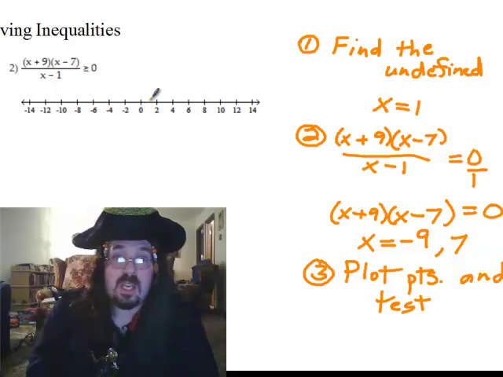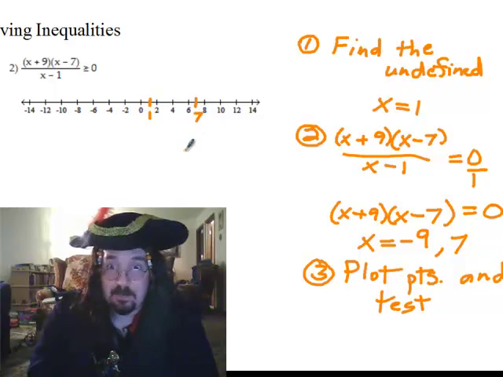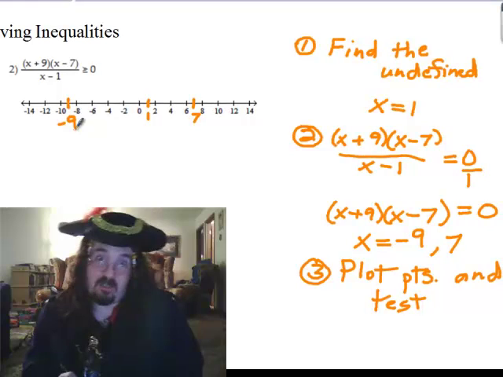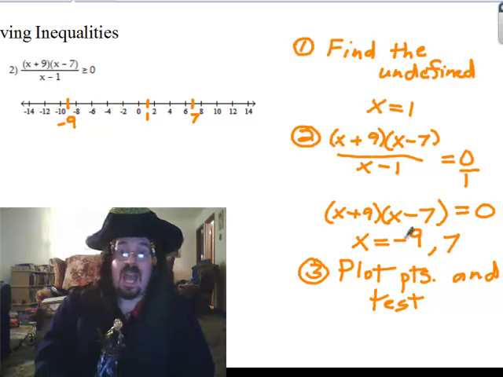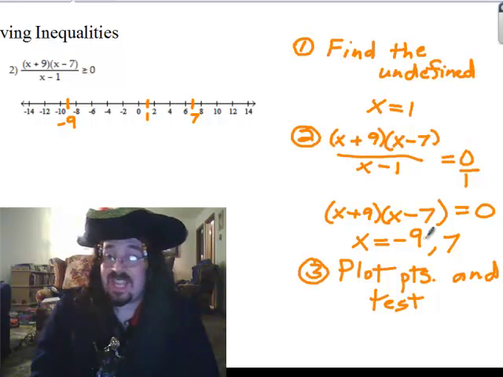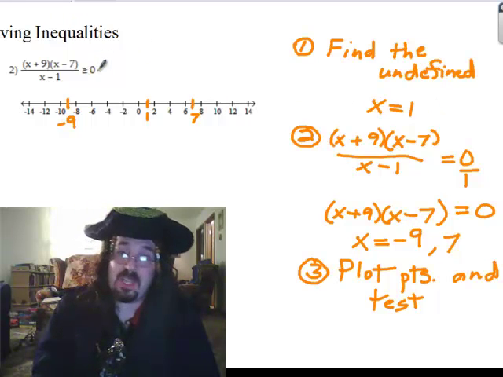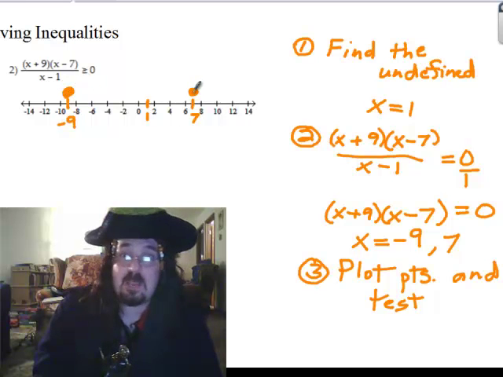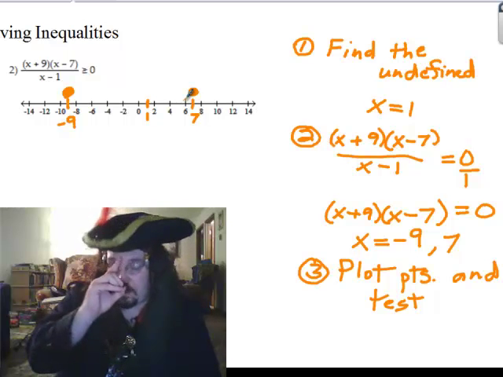X equals 1 is right here, and x equals 7 is right there, and x equals negative 9 is over here, love. Now, at negative 9 and 7, these two sides are equal. So we should fill in the dot there because those will definitely be a part of this solution.